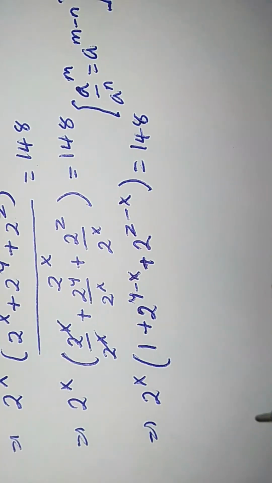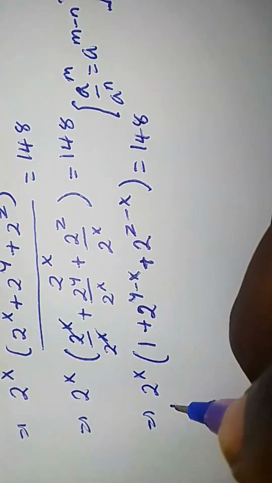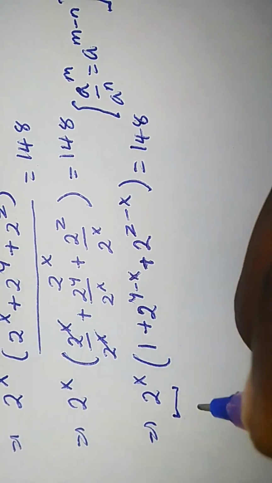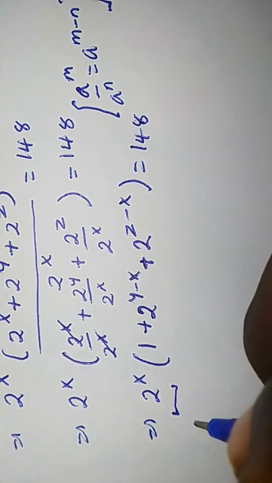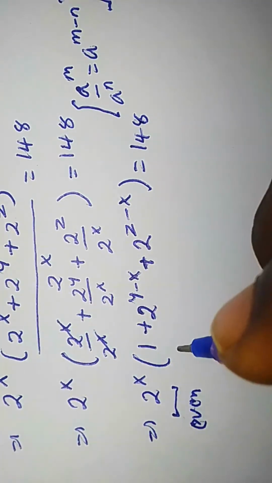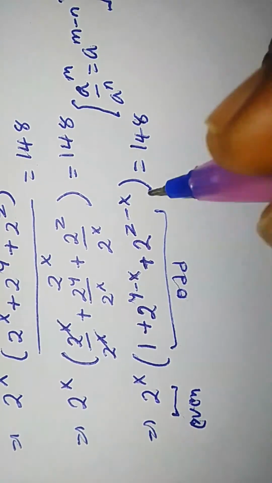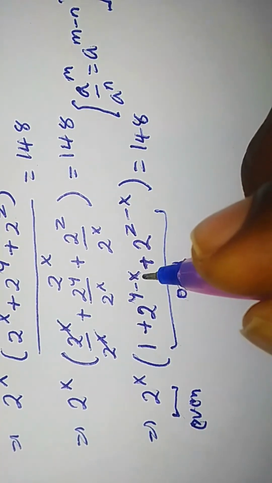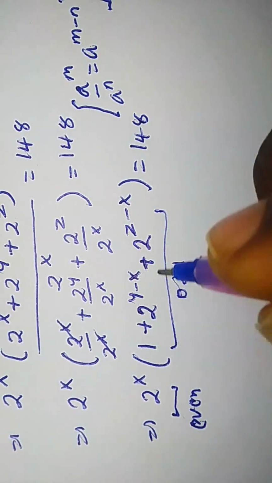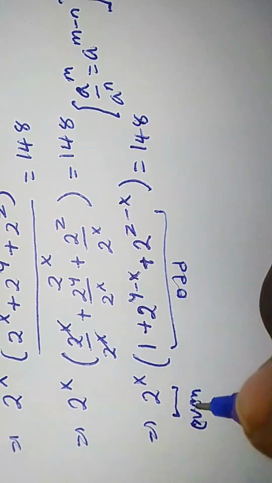You will see that no matter the value of x, 2^x always produces an even number. Why this, we always produce an odd number? No matter the value of x and the value of y and z, we always have an odd number for this, and this we always produce an even number.